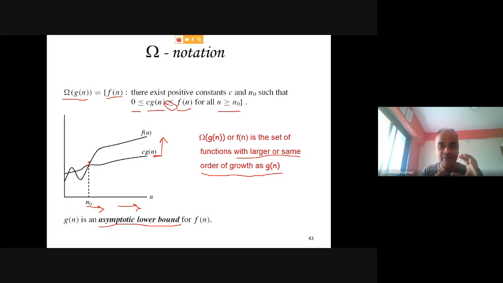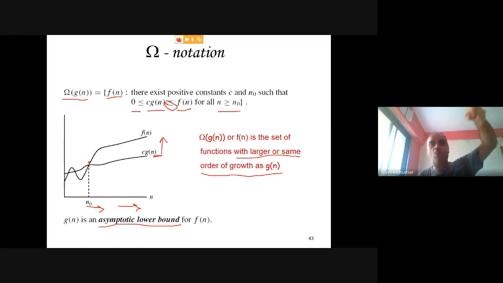Correct? So that is comparatively a tighter bound, and a tighter bound gives a better approximation. If we reduce that range, the bounds, it is better than saying the actual time function will be in this larger set. So it is a looser bound, and a looser bound always gives more variation.